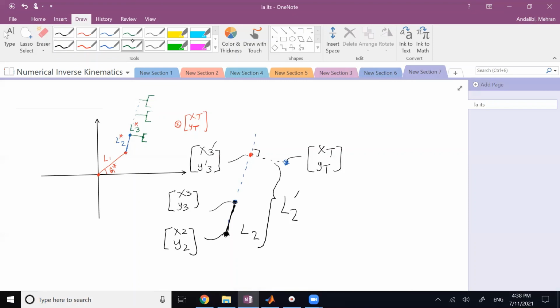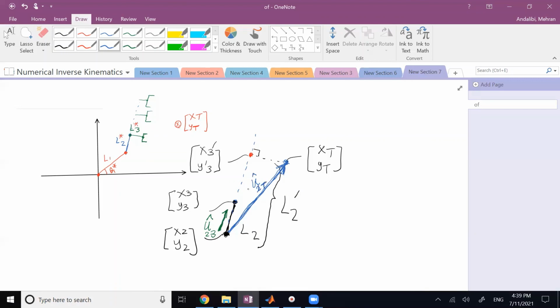Here, if I call the unit vector going from joint 2 to joint 3, this unit vector here, if I call this guy U, or I might call it U23, and if I connect my joint 2 to the target like this, and if I call this vector going from point 2 to the target, whatever you want to call, doesn't matter, I might call it vector R, for example, or you might call it U2T, going from point 2 to point T.